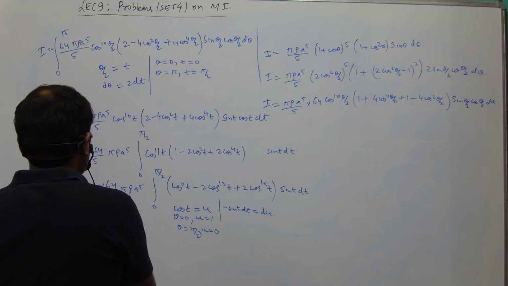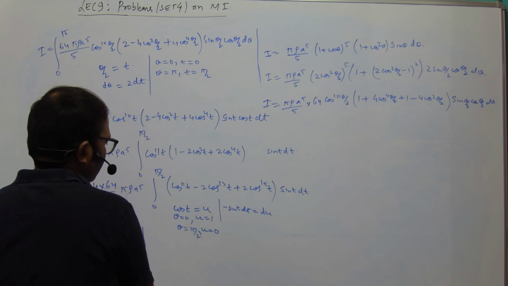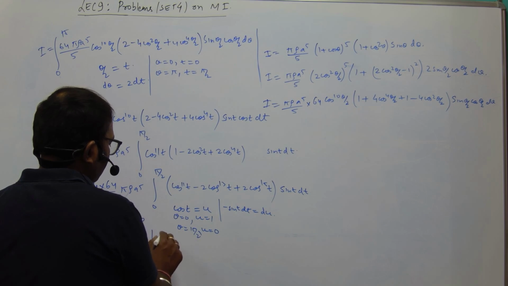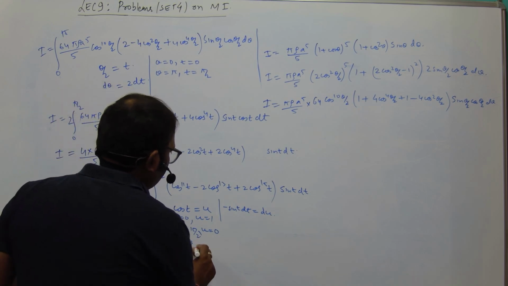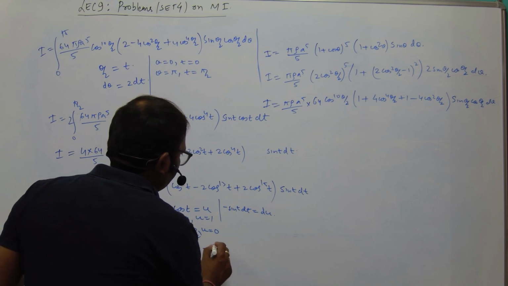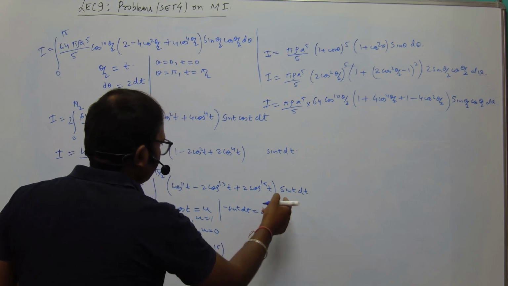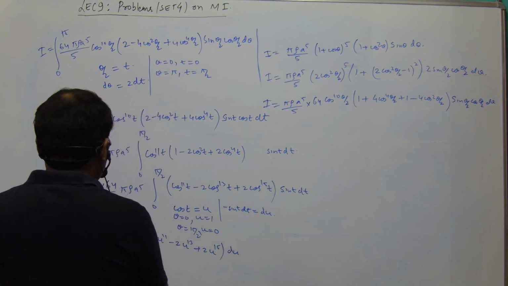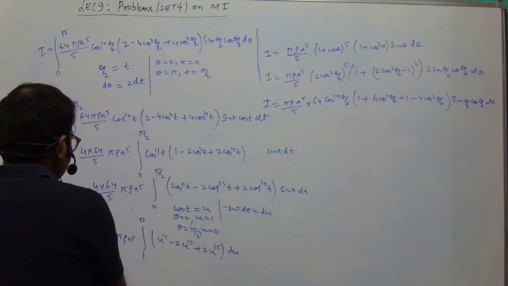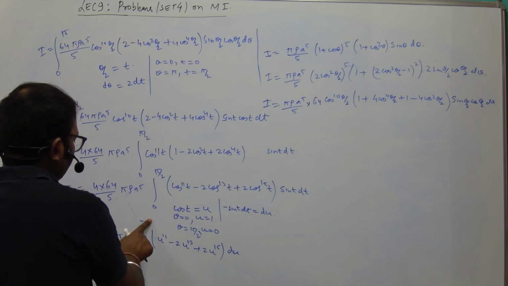So we have I is equal to 4 into 64 upon 5 pi rho a^5, this will be 1 to 0, u^11 minus 2 times u^13 plus 2 times u^15, and sin t dt is minus du. So we can remove the minus sign and reverse the limit. So this is 0 to 1.